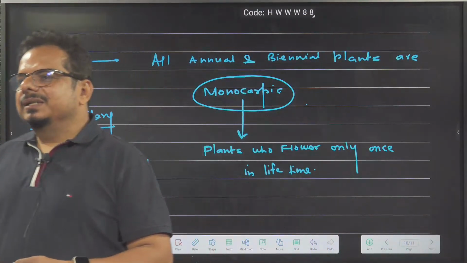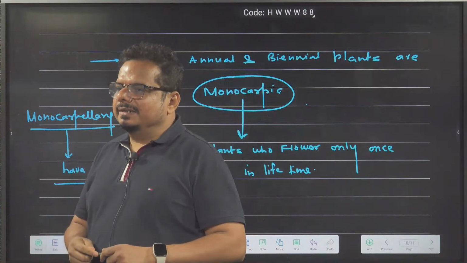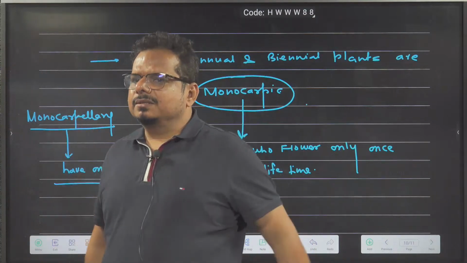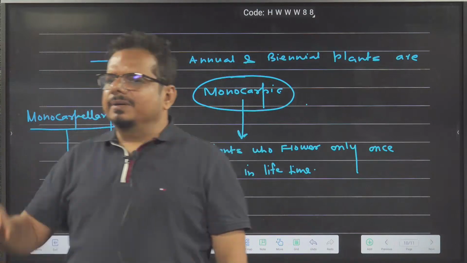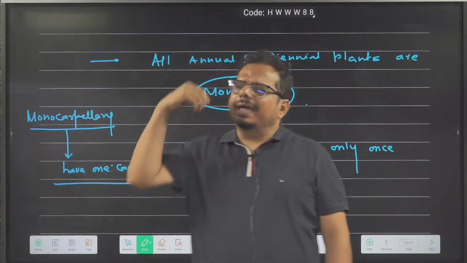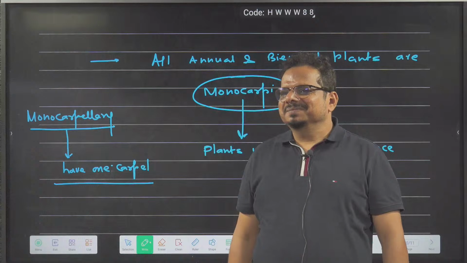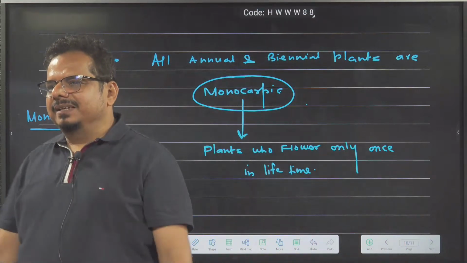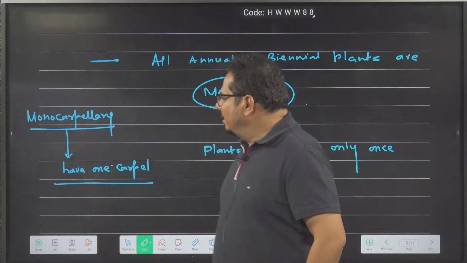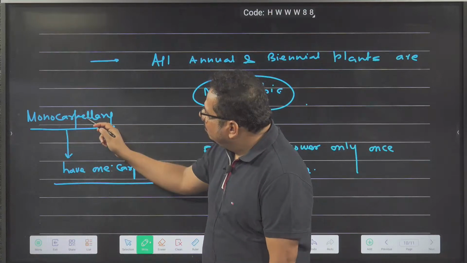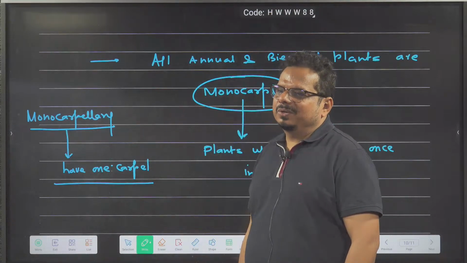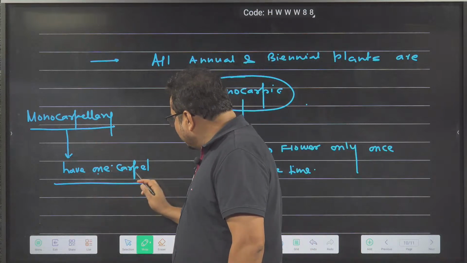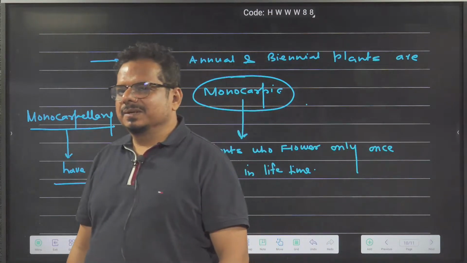So monocarpic plants are those in which flowering occurs only once in the lifetime. Related, similar-looking term is monocarpellary, which you study in morphology, meaning having one carpel.